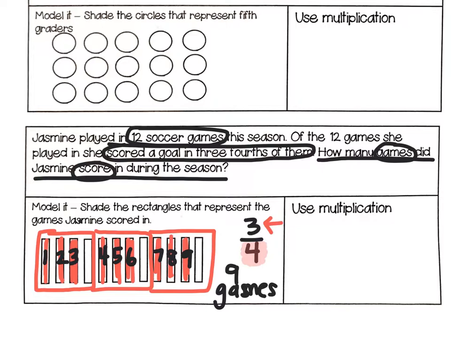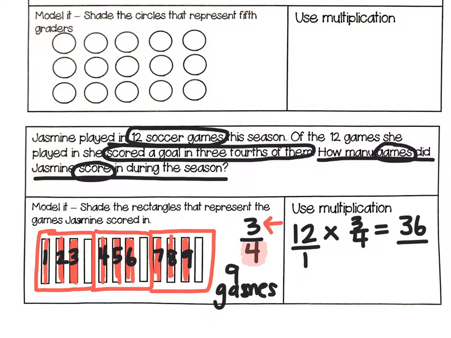Looking at the multiplication problem then, we could say 12 games times 3/4. So to make my whole number 12 into a fraction, I would put it over 1, and then I can multiply. I can say numerator 12 times my numerator 3 equals 36.